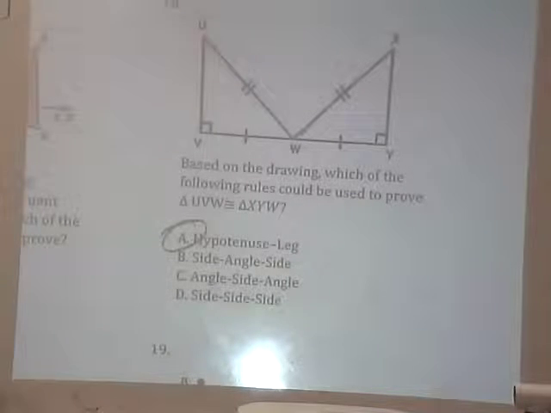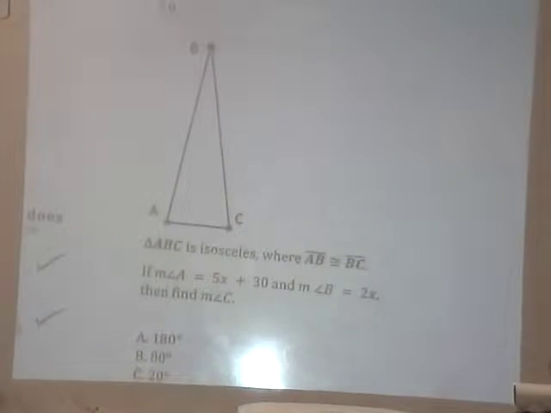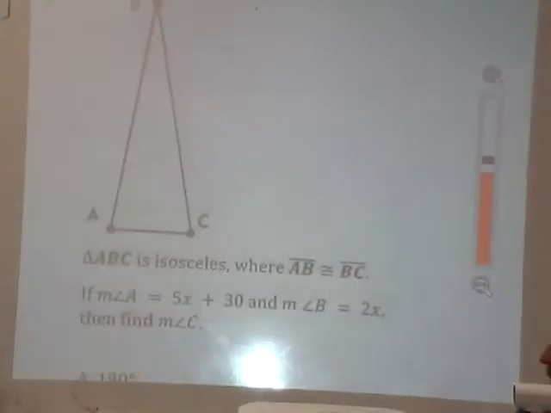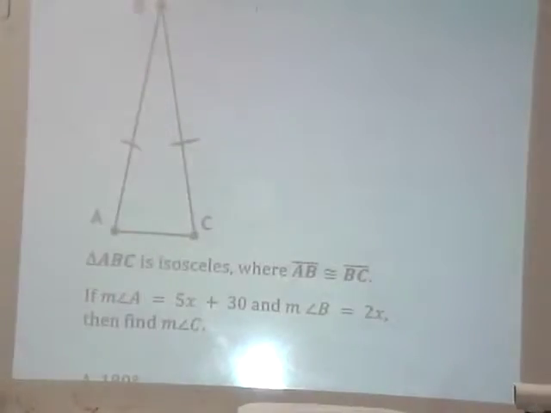Questions on 18? All right, 19. It says ABC is isosceles. What does that mean? Two sides are congruent. And it tells us which two sides. AB is congruent to BC. I'm going to mark that. What else do we know about isosceles triangles? What else is congruent on the isosceles triangles besides two sides?